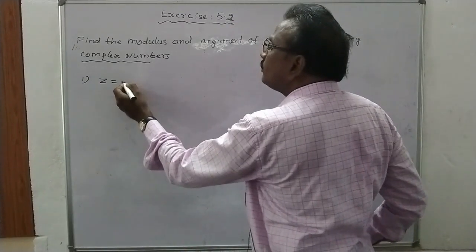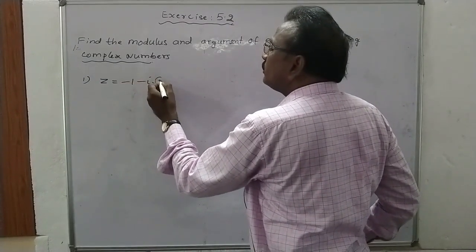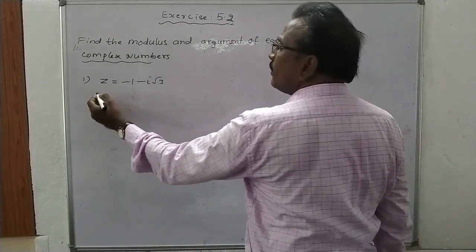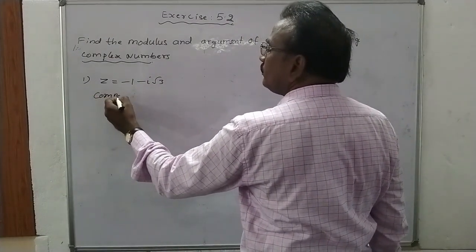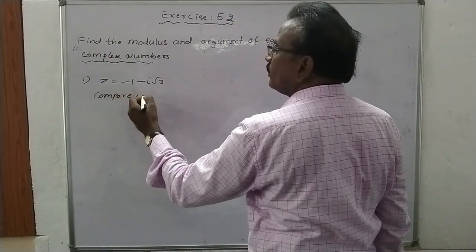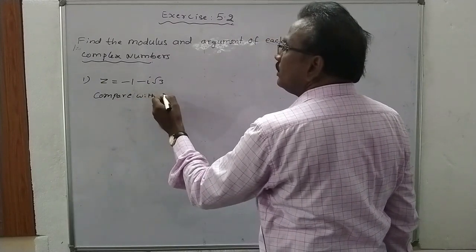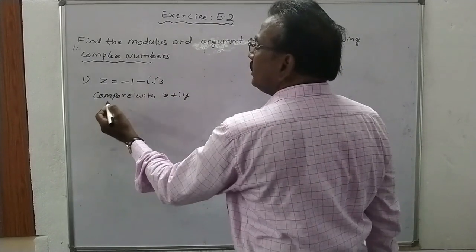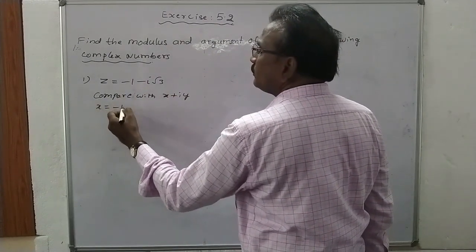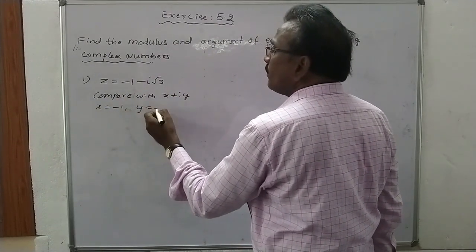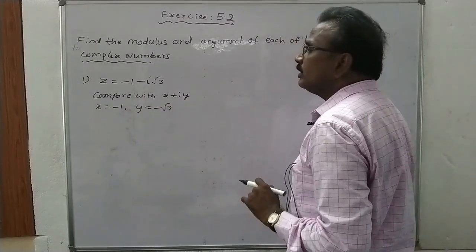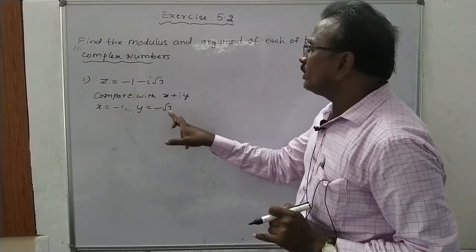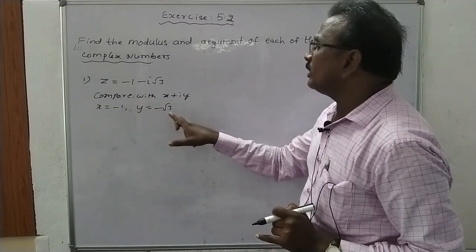So this is of the form z is equal to x plus iy. Compare with the x plus iy form. Here x is equal to minus 1, y is equal to minus root 3. That means the x coordinate is negative and the y coordinate is negative.